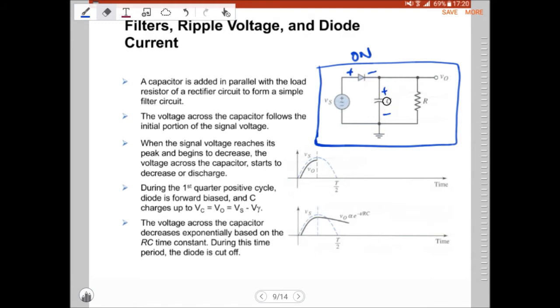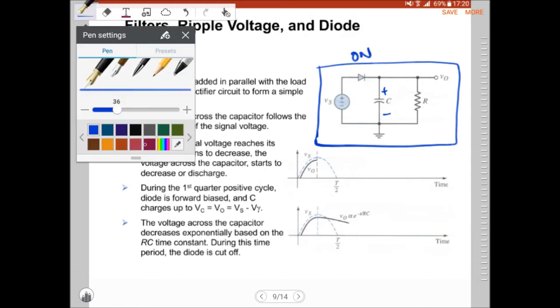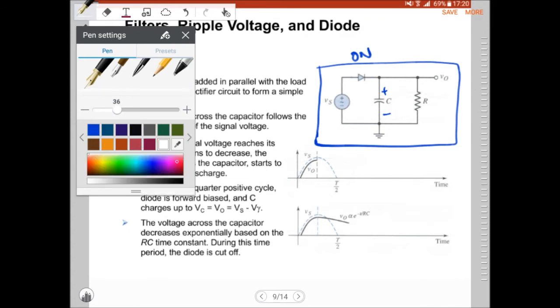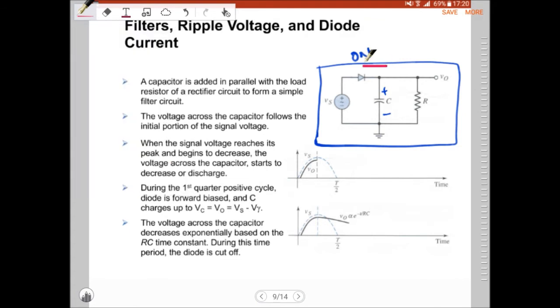Once the capacitor voltage is higher than the input voltage, it's reversing. It becomes positive, negative here, because now the voltage at the capacitor is greater than the input voltage. So now the diode is off.